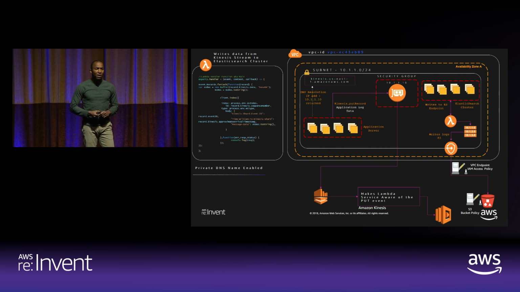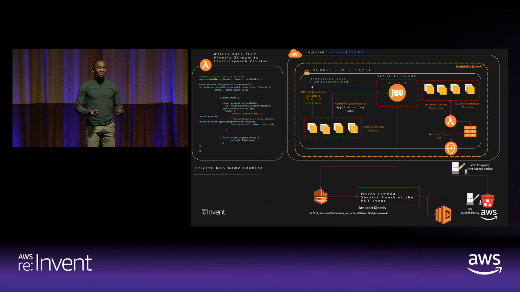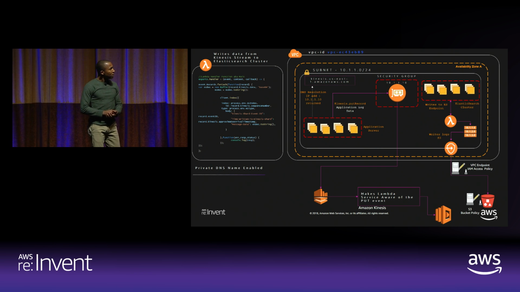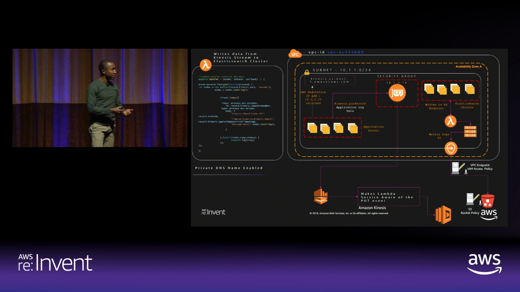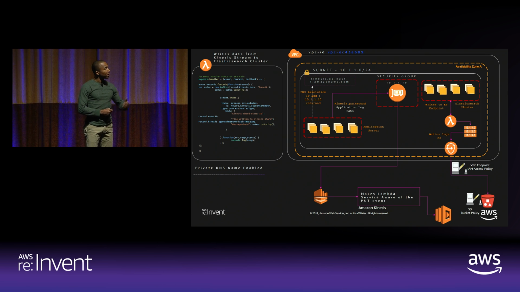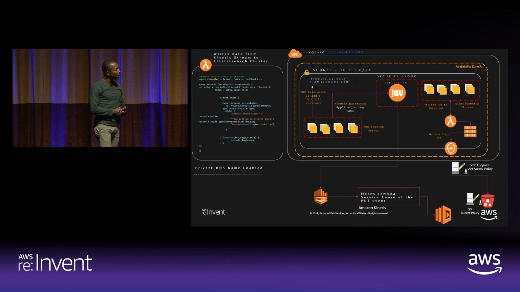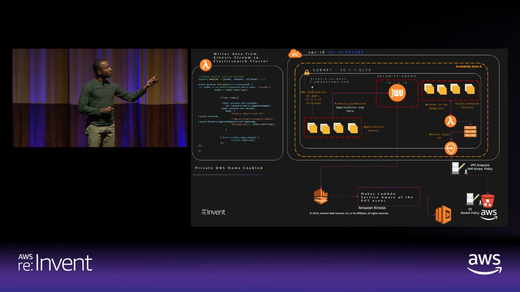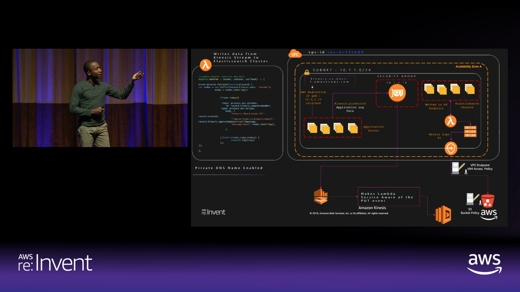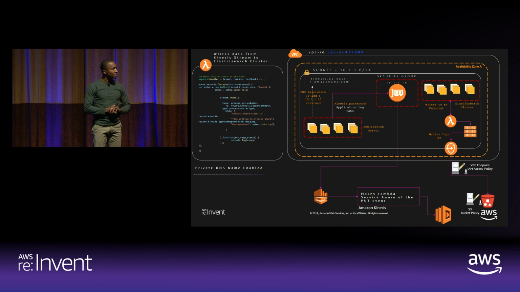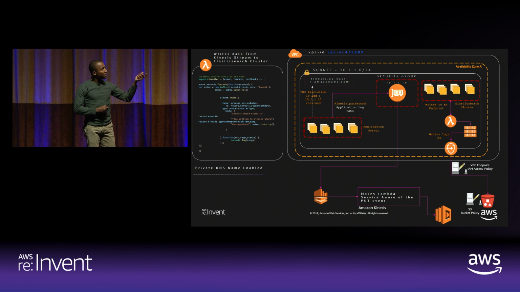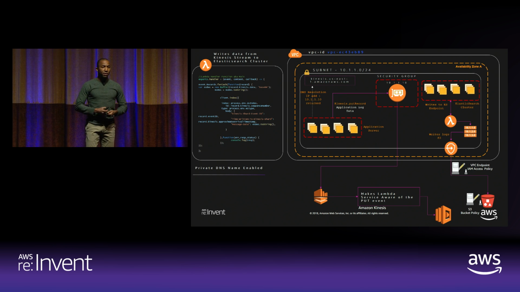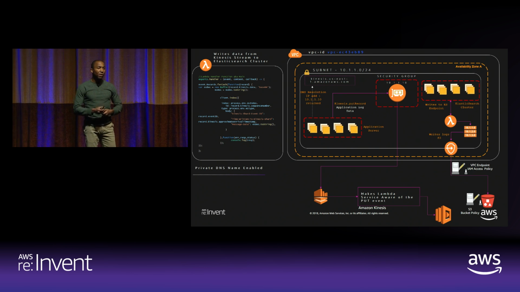So the problem was, well, I don't want to use Kinesis Firehose. I really want to use Kinesis streams, so how do I do it? What I created as a POC for that customer was this solution. On the left, you can see a Lambda function that writes directly to an Elasticsearch cluster. This Lambda function is configured to work only inside the VPC, and is triggered whenever something is written to a Kinesis stream.